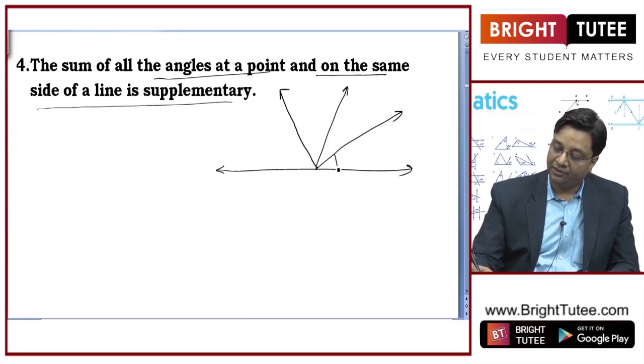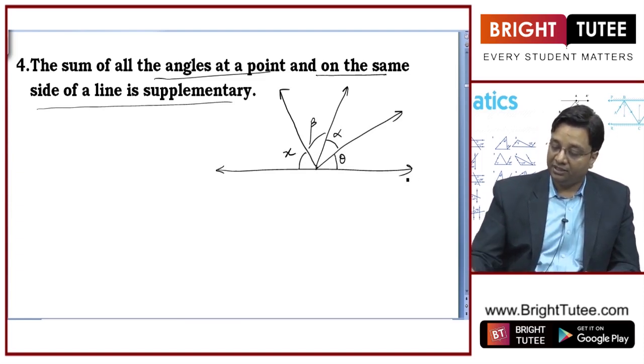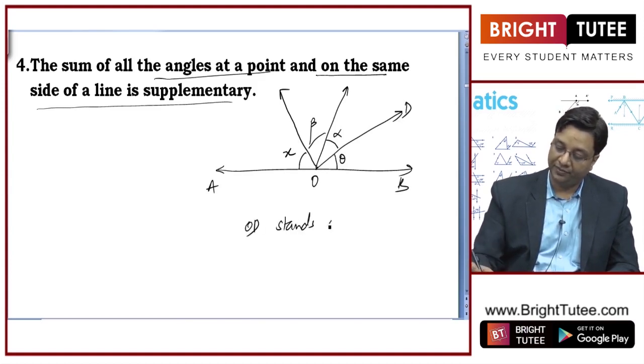Now, if this is angle theta, this is angle alpha, this is angle beta, and this is angle x, let us say. So now this is a line, let us say this is line AB, and this is a ray standing on this line OD. So OD stands on line AB.